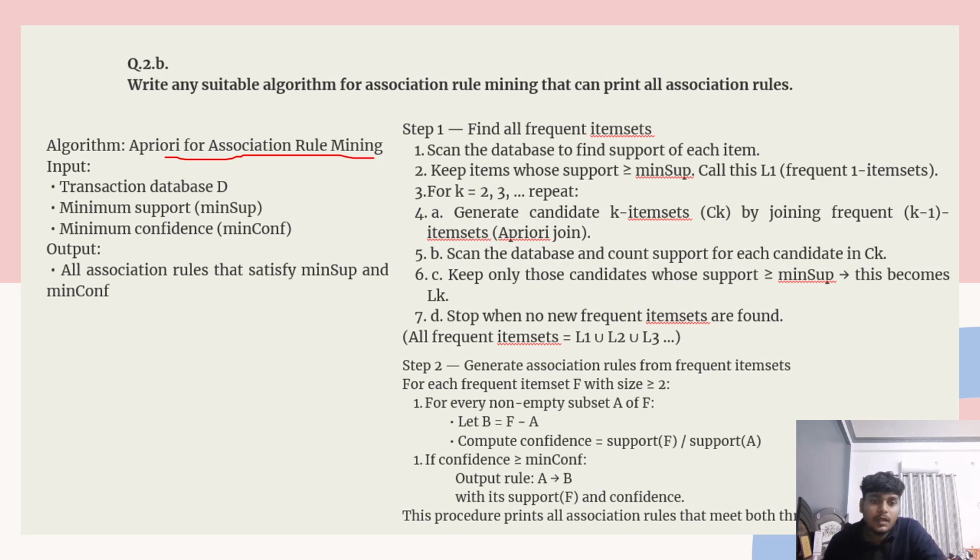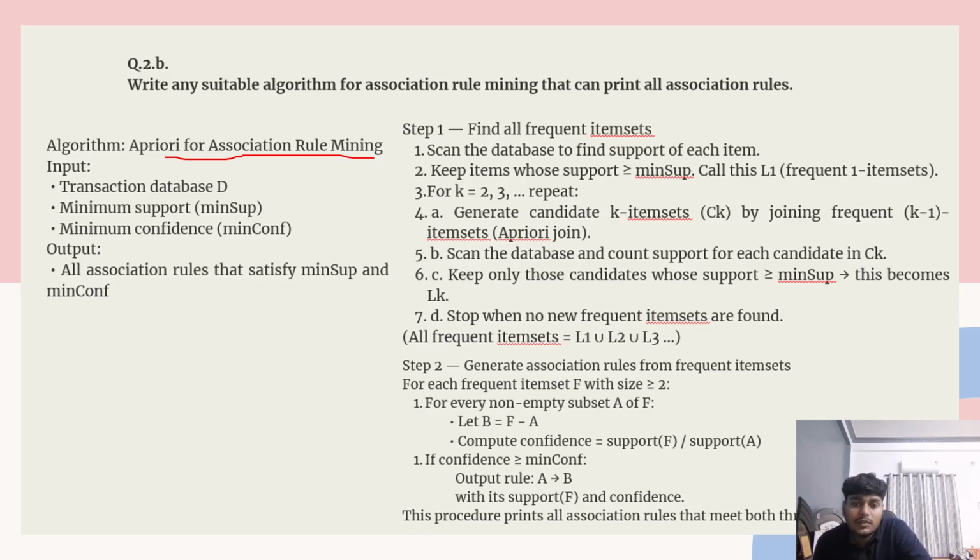Steps of this algorithm are: step 1, find all frequent item sets, then scan the database to find support of each item. Keep items whose support is greater than or equal to min-sup. Call this L1, frequent one item sets. For k equals 2, 3, up to n repeat. Then generate candidate k item sets by joining frequent k minus 1 item sets.